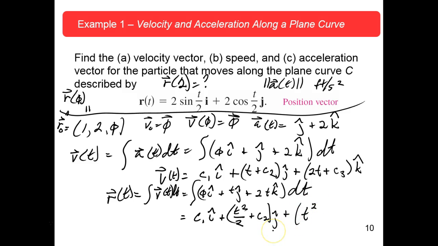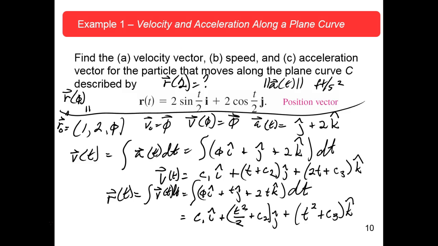Right? Take a derivative, yeah, 2t. 2t plus, t squared plus C3 k. Okay. Now that accounts for that. So that's our position vector at any time t.